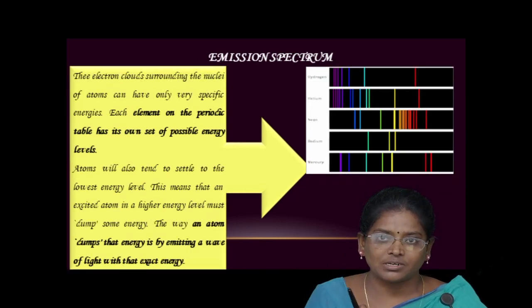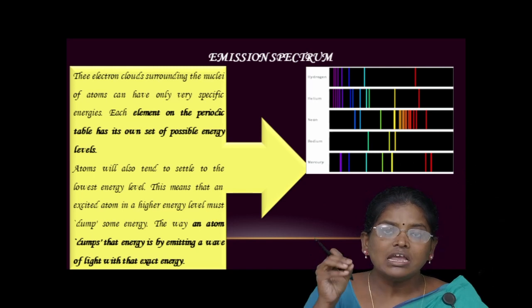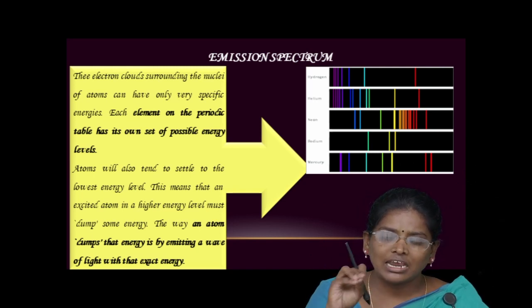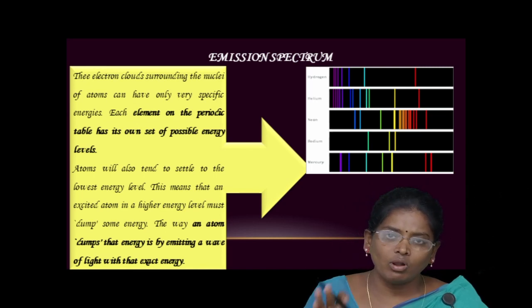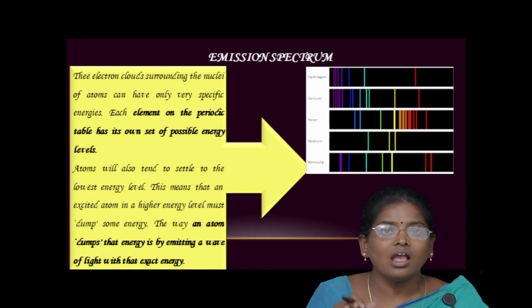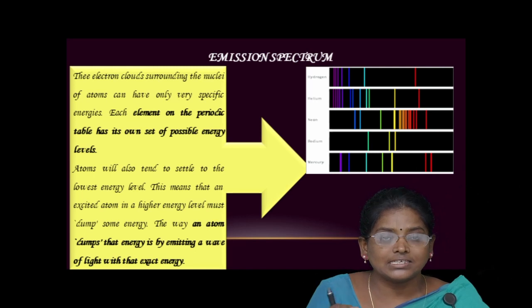Then the emission spectrum. We all know around the nucleus there are electron clouds situated at discrete energy levels. Each element in the periodic table has its own discrete energy levels, and the electrons are situated in these levels. The nature of all objects in the universe is to be in the ground state. Once the atom is in the excited state, there is excess energy, so this energy is to be dumped.